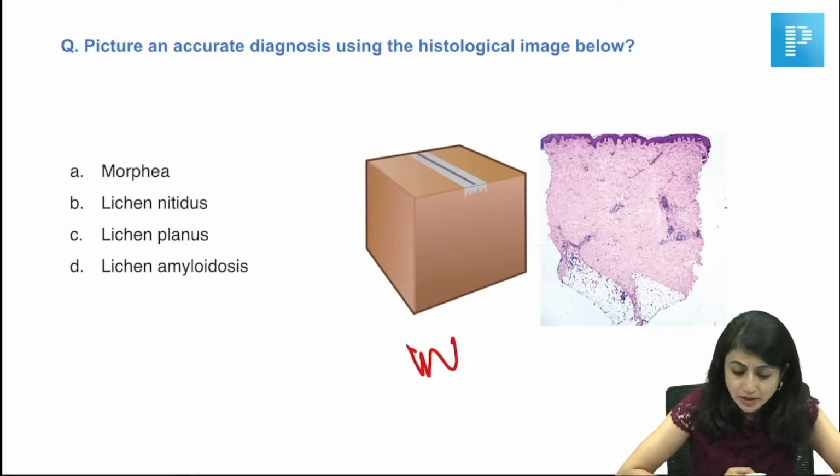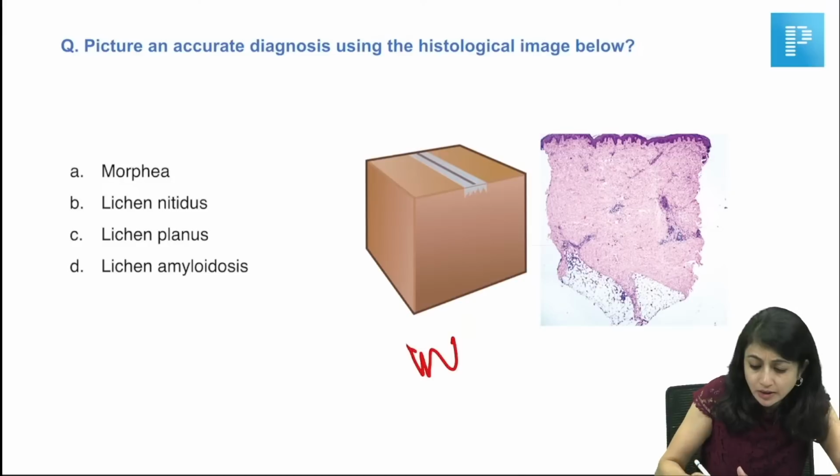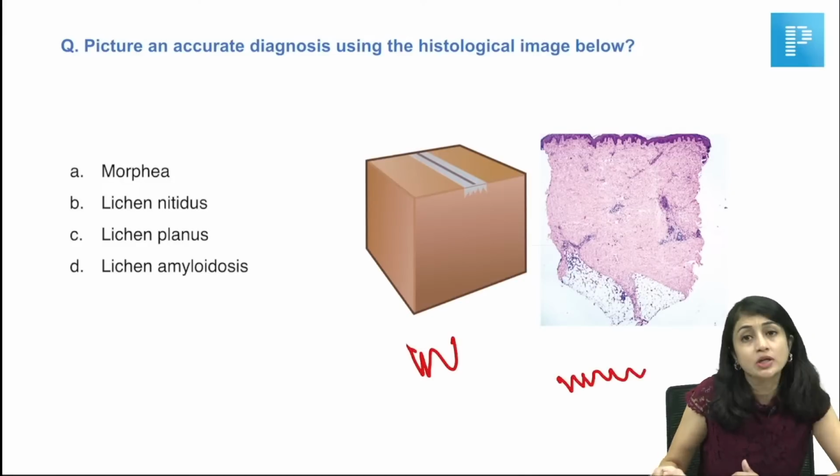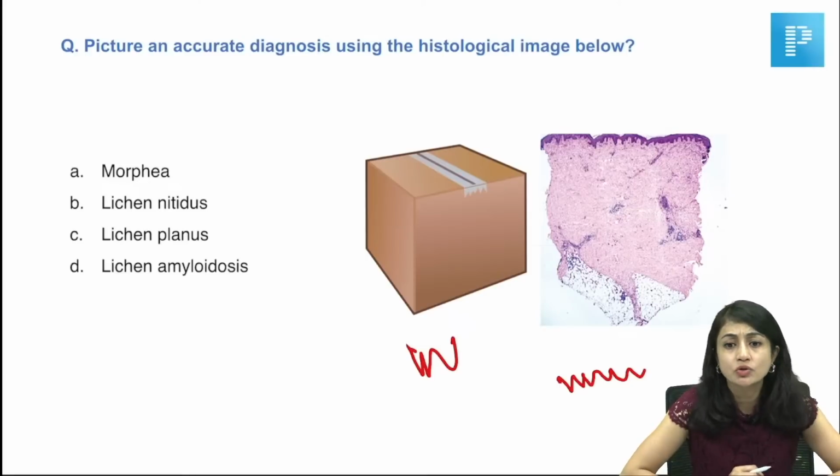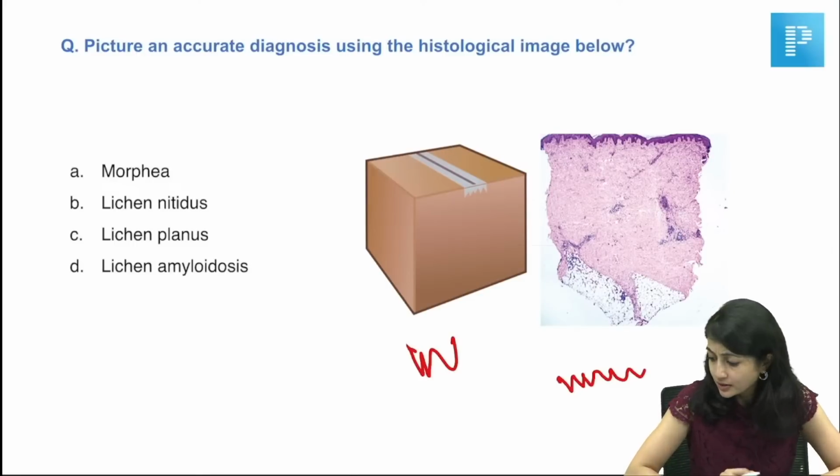So that is still a possibility, and you do see in the epidermis, if you look at the rete ridges, you are seeing sawtoothing. So based on this question and this image, the answer should be lichen planus. However, if there is any correction in the question, I would wait for your responses, and if there is any other thing that I get to know, I will inform you in due course of time, right?